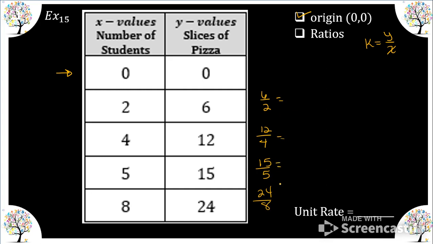Now we need to simplify these. We have 3, 3, 3, and 3. So we do have a constant of proportionality, a constant rate of change. So the unit rate is 3 slices per student.